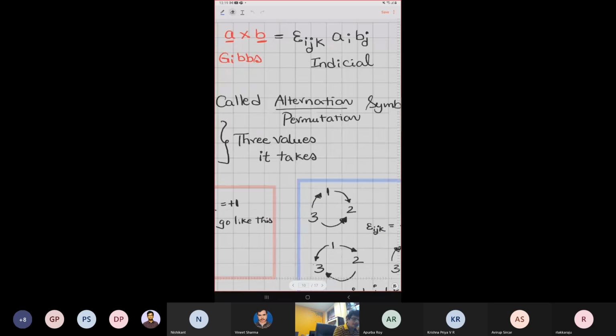So any cross product of vectors, A cross B, means A is A_i, B is B_j, and cross means epsilon_ijk. What is epsilon_ijk? We will shortly see, which we call the permutation symbol or alternation tensor.